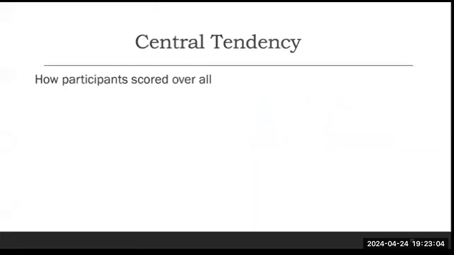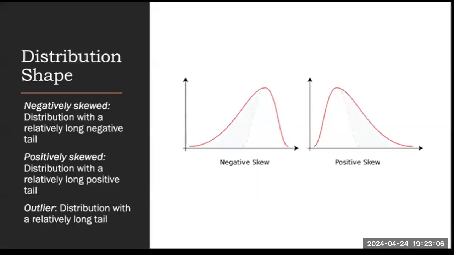So the outlier is the value that I just described that causes the distribution to have a really long tail. When you collect data, sometimes you're going to have, for example, one student who scored really, really low on a cognitive assessment, and that's going to skew your distribution to the left, making it negatively skewed. If you don't have a really large sample size, these negative outliers are going to really impact the way your data looks.